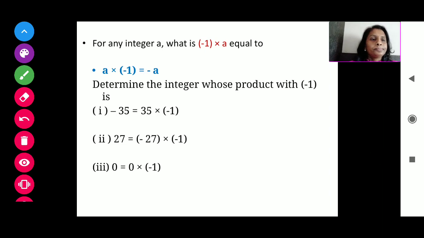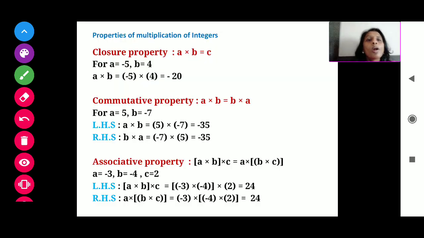Next one. Properties of multiplication of integers. Most important and interesting topic of this revision lecture. First one, closure property. I have given you the value of a and b. A is equal to minus 5 and b is equal to 4. I have written minus 5 in the place of a and 4 in the place of b.